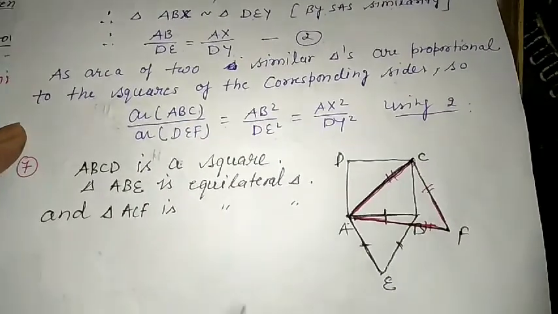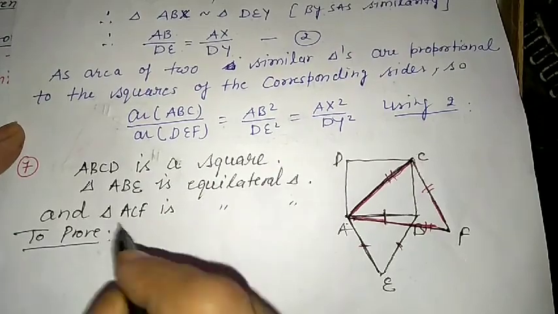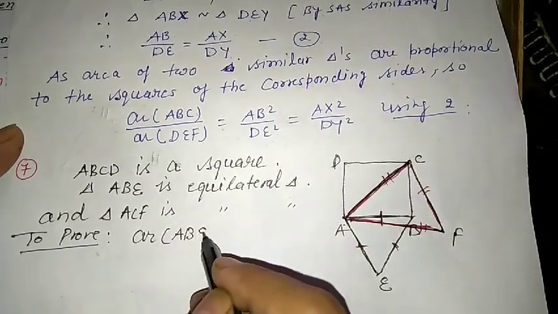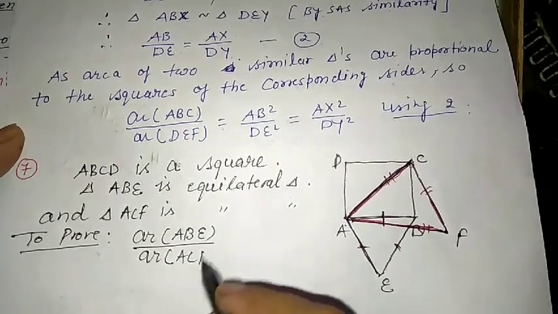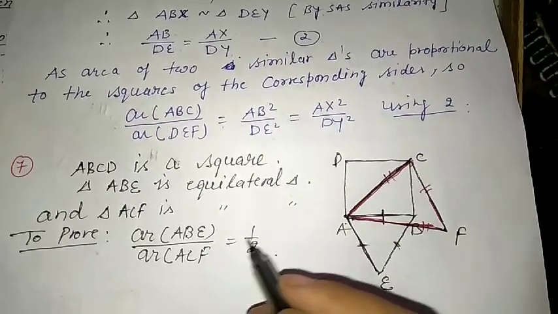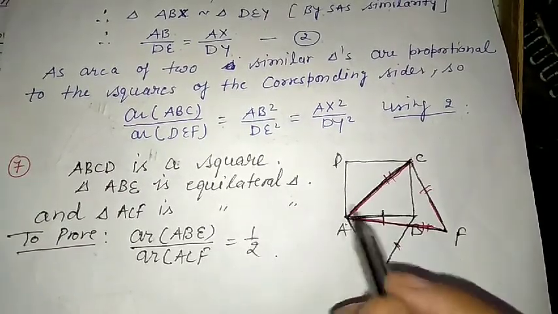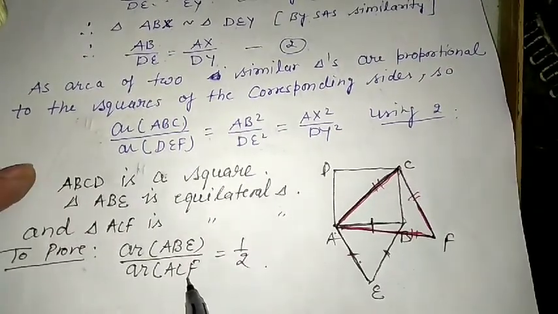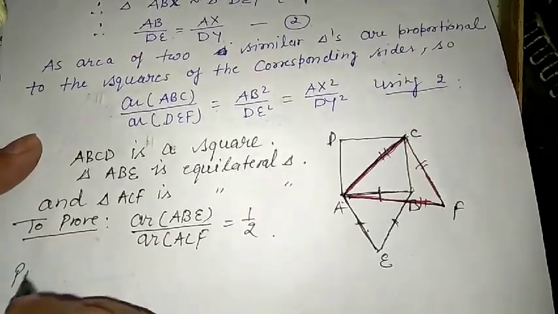What we have to prove? To prove: area of ABE upon area of ACF is equal to half. This we have to prove. Now we will take the proof.